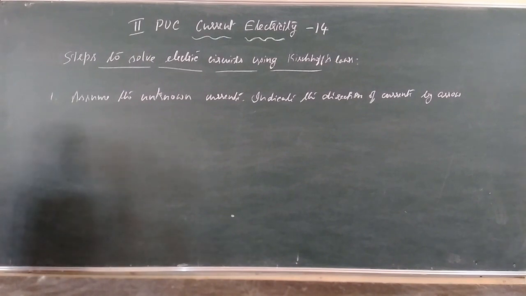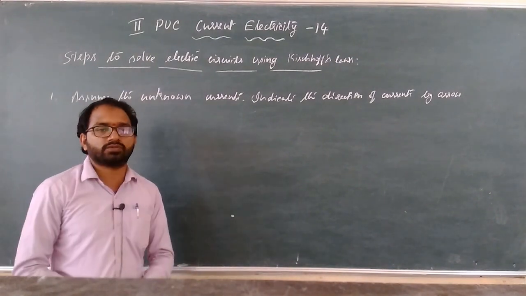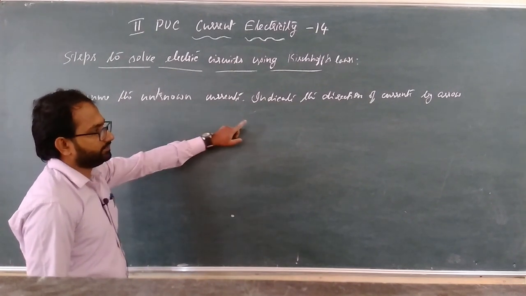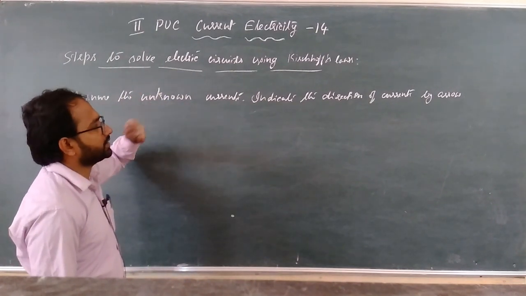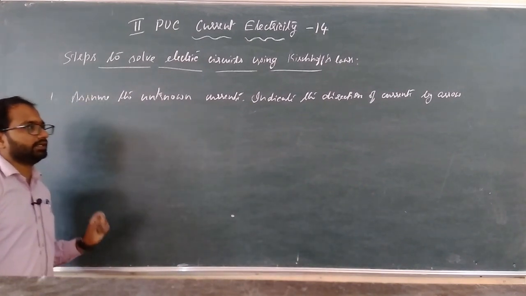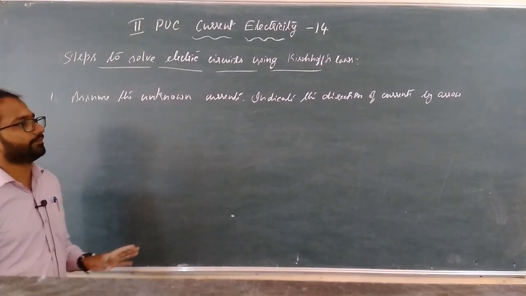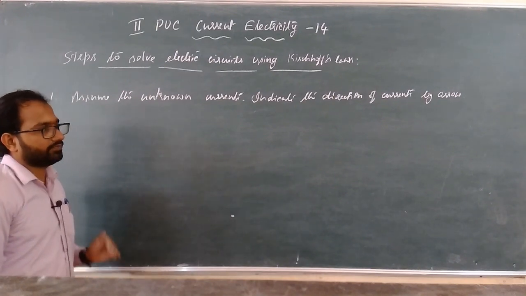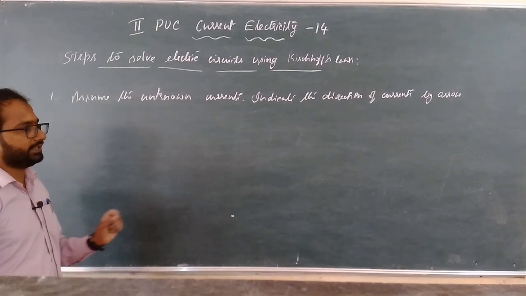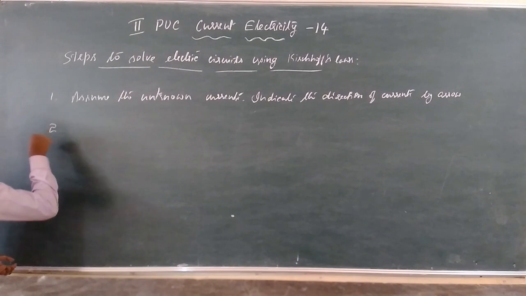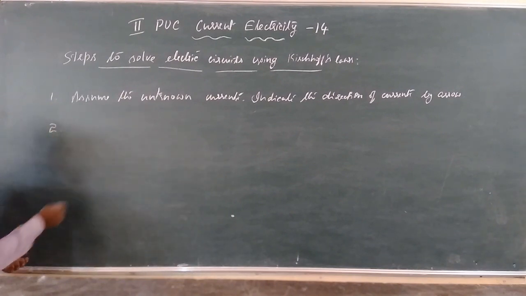Final result means the value of current comes out to be negative. If the actual direction of current is opposite to the chosen direction, then the final current comes out to be negative. Otherwise, if the actual current flow is along the direction of the assigned current direction, then the final answer will be positive. So first we have to assume the unknown currents and indicate the direction of current by arrow.